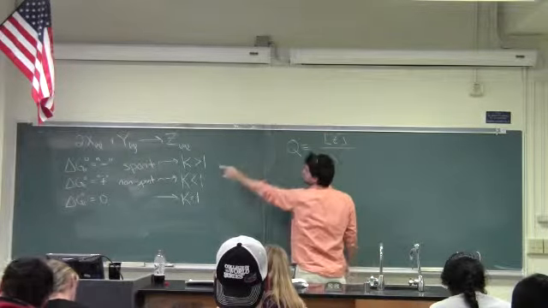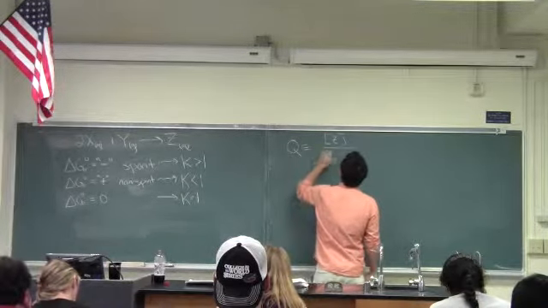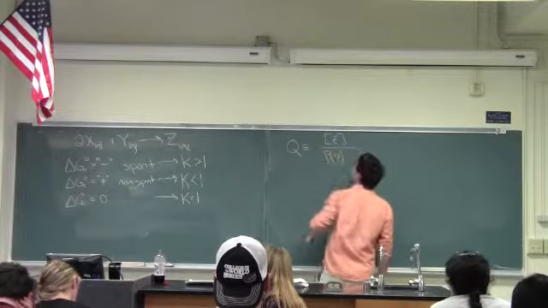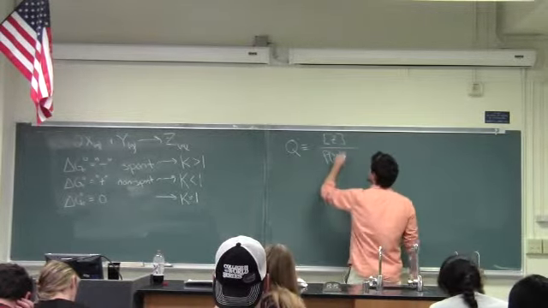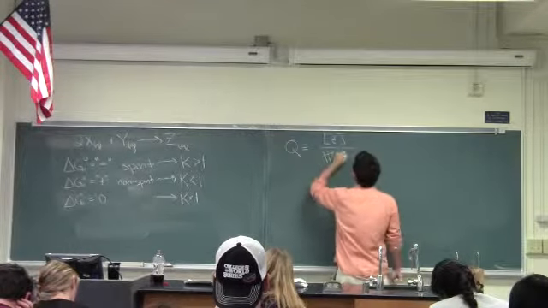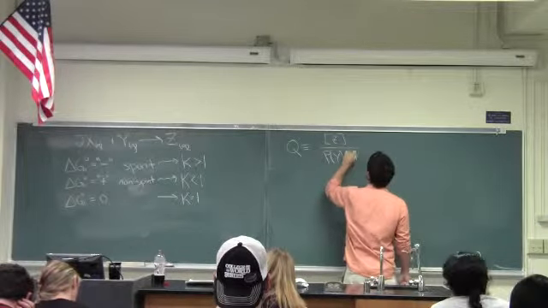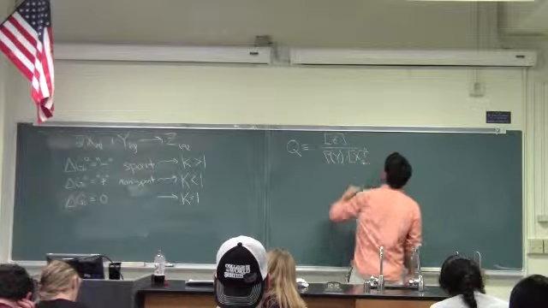Concentration of Z divided by partial pressure Y times concentration aqueous X squared.